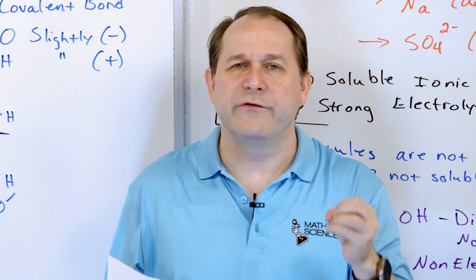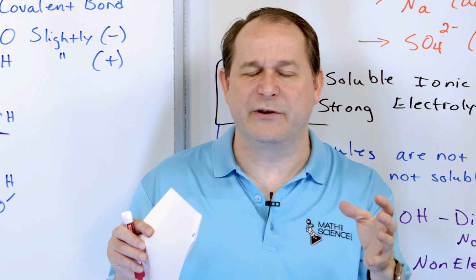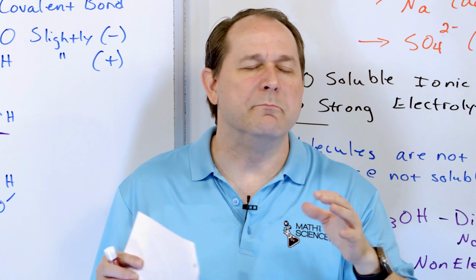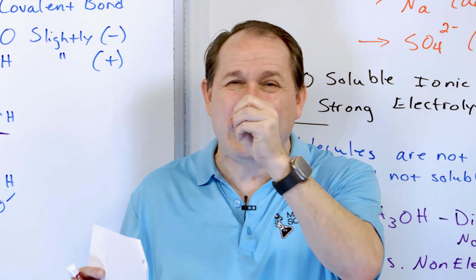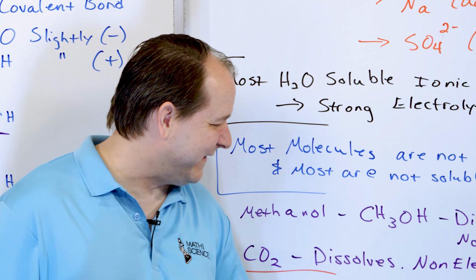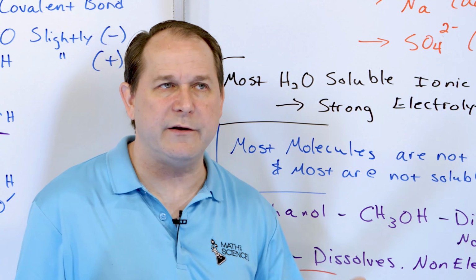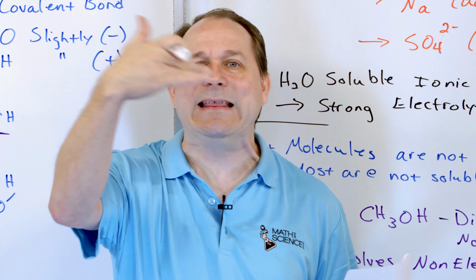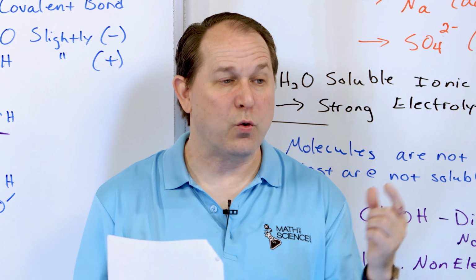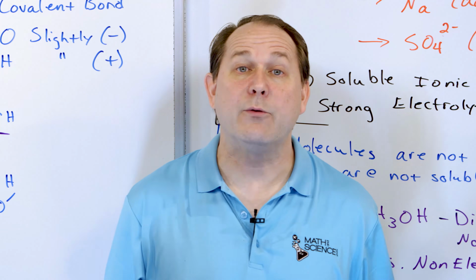One of the strongest forces in nature is the electric attraction between charges. It's much stronger than gravity, millions of times stronger than gravity. So if you have a single proton just floating around, which is what this is, you could relabel this hydrogen ion to proton if you wanted to, and it's just sitting in solution. That means anything you put in solution, it's going to want to steal the electrons and react with it.